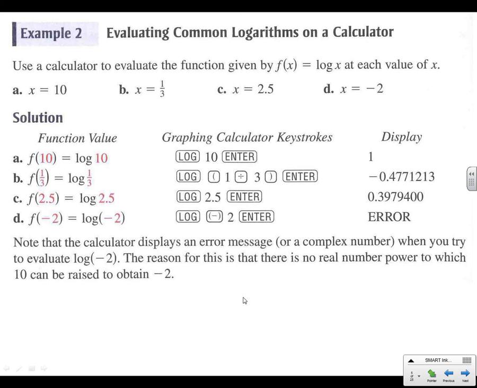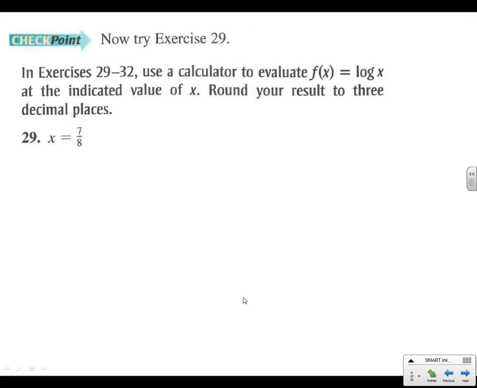Because if we had 10 to the x giving me negative 2, there is no exponent that is going to create a negative in front of this. If my x was negative, it would just be 1 over 10 to the something, right? So there's no way to turn that problem negative. So we can't get a negative number. Your turn, 29. See what you get. 3 decimal places.